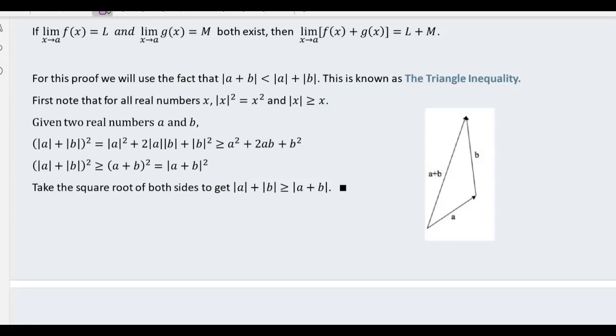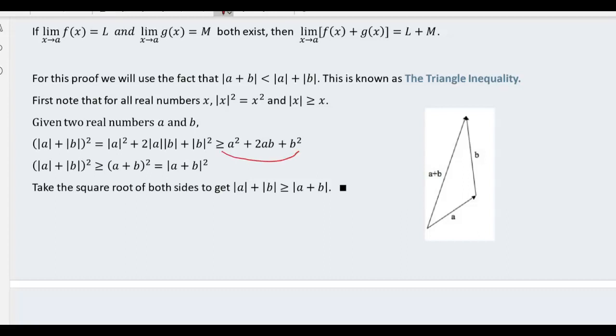We're going to select any two real numbers, a and b. If we take the length of a and add it to the length of b, and then square that quantity, we square the first term, square the last term, and then we double up the two terms multiplied together. So that's this first part.